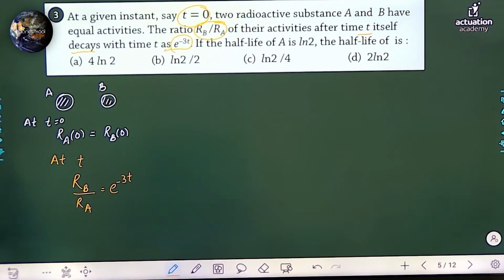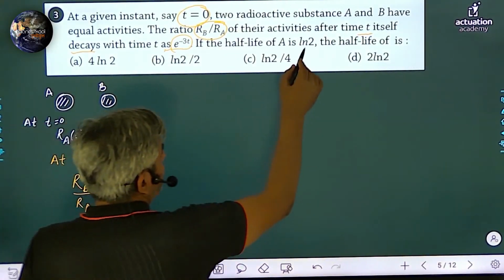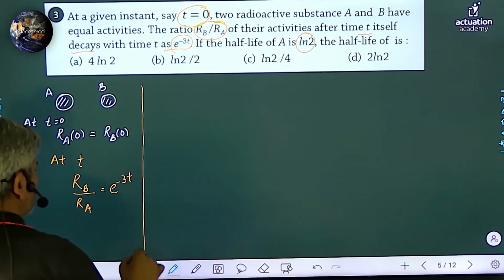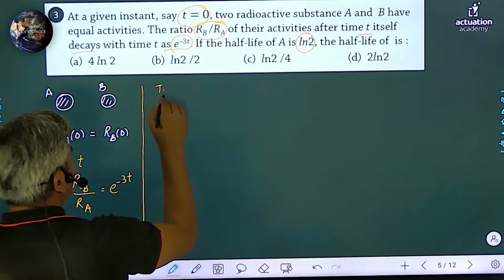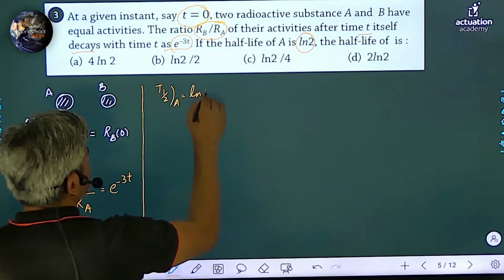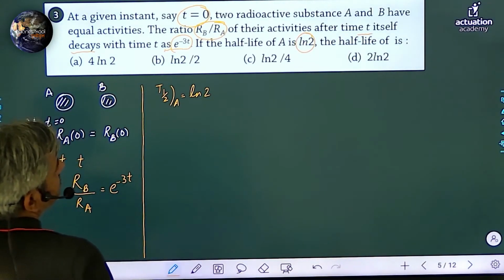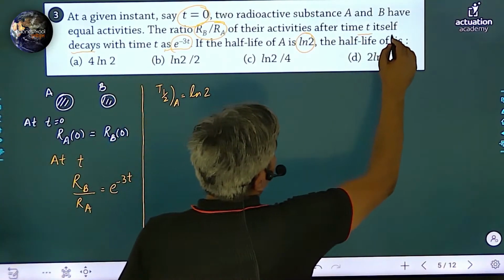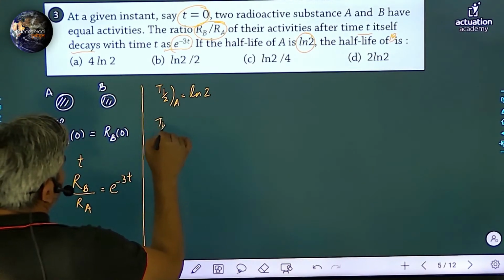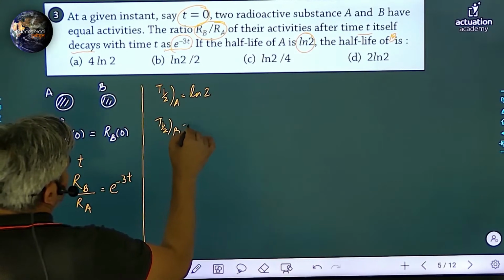If the half-life of A is natural log 2, which is also given, we need to find the half-life of B.